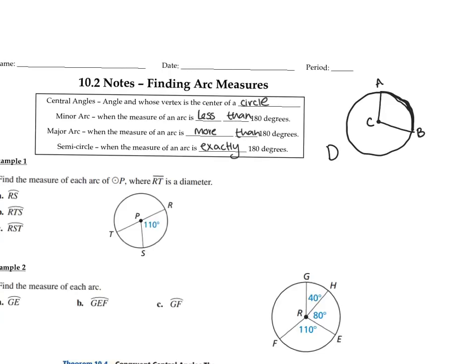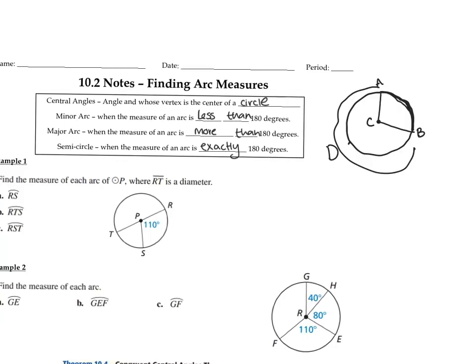Let's pretend that this is actually drawn to scale. So this is less than 180 degrees. Now, the major arc would be this one on the outside here, right? So we would call this ADB. We would have to include the outside point, right?